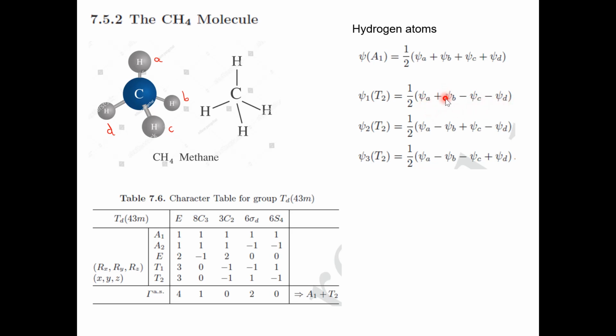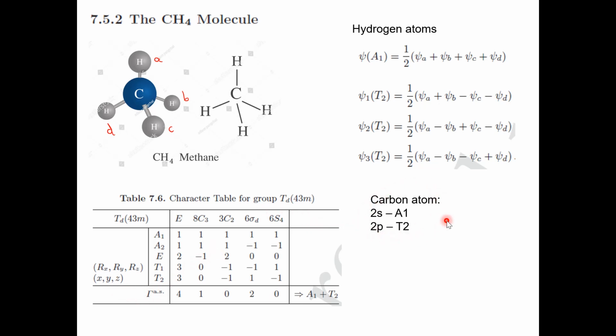This is A plus B minus C minus D, A minus B plus C minus D, A minus B minus C plus D. In the next slide, we're going to see how these wave functions look in real space, and we are going to see that it makes a lot of sense that these 3 wave functions transform like the 3 Cartesian coordinates of a vector.